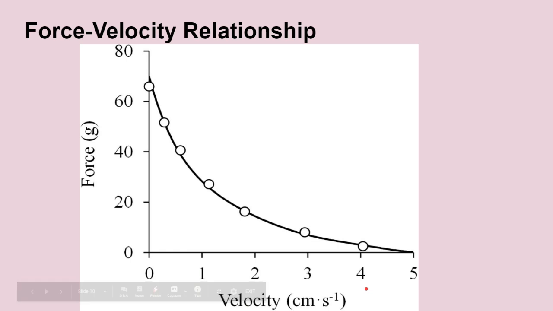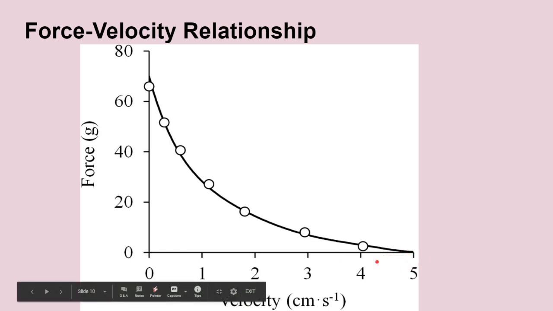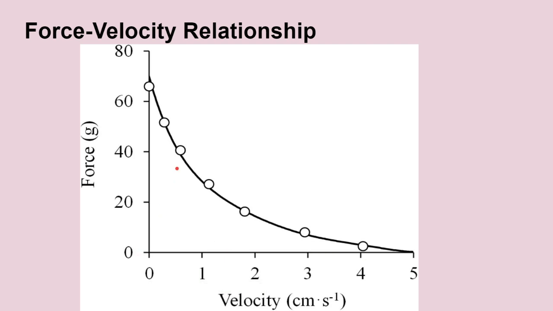As the load increases, the velocity of shortening of the muscle decreases. With a further increase in the load, a stage comes when the muscle is unable to lift the load because the force is so high. At this point, the muscle contracts isometrically.